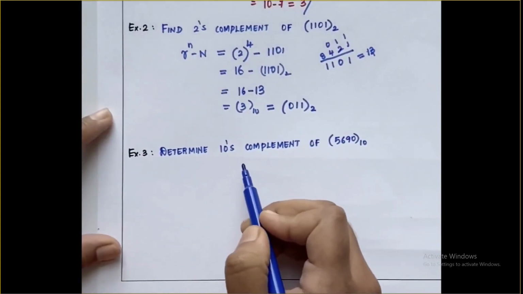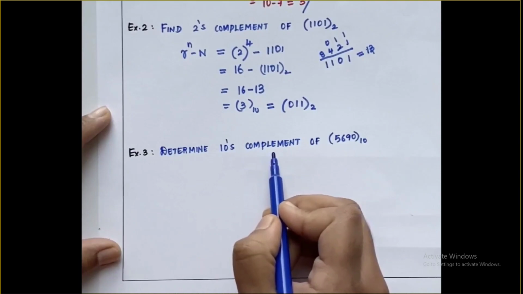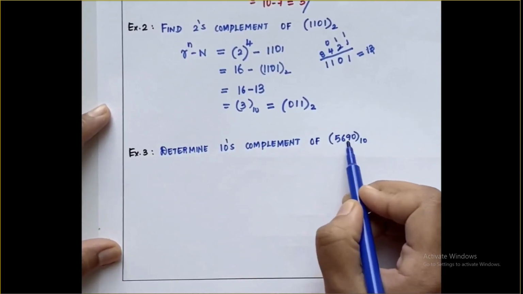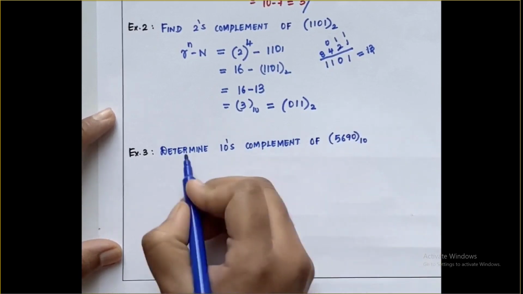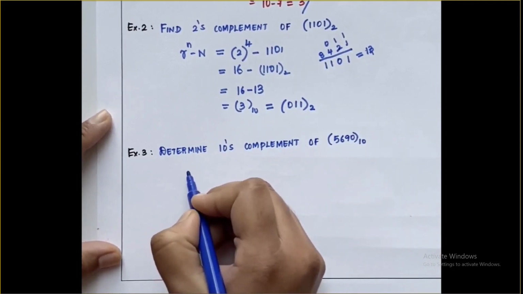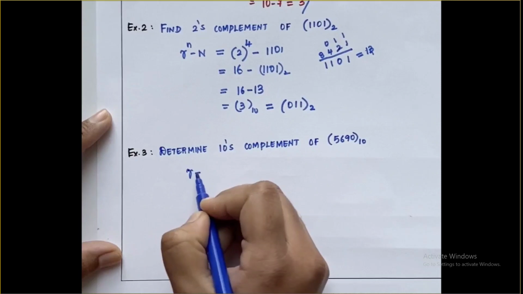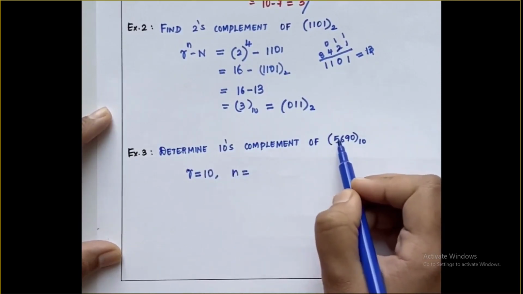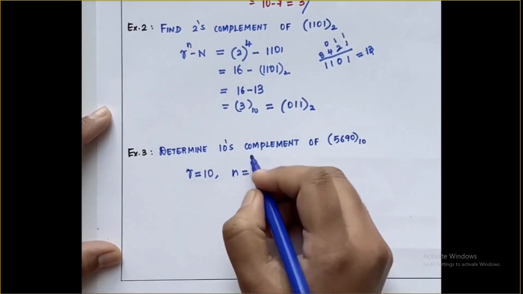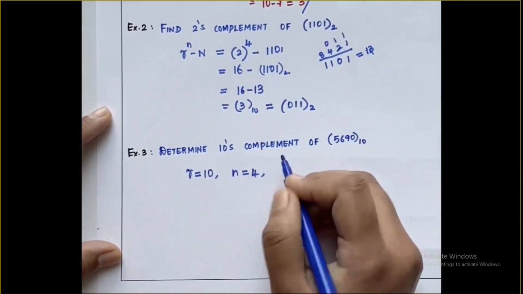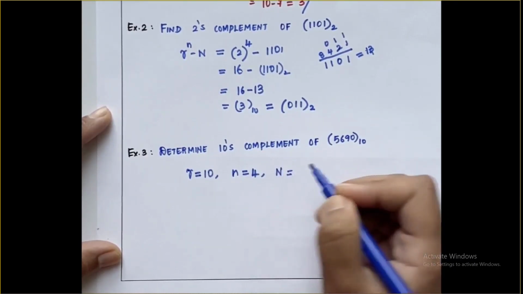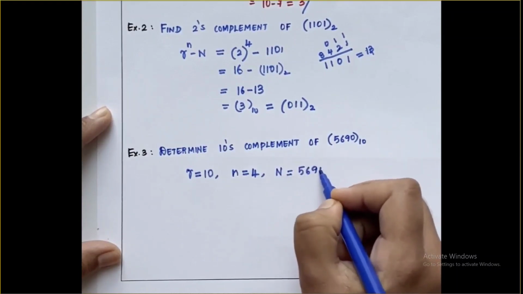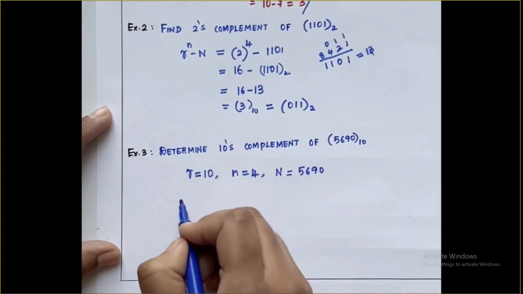Now let us solve one more example. Determine the 10's complement of 5690 to the base 10. This also belongs to R's complement. So R is equal to 10, and n, the number of digits, is 4 since 5690 has 4 digits. So n is equal to 4 and capital N is equal to 5690. So we have obtained the values for R, capital N and small n.